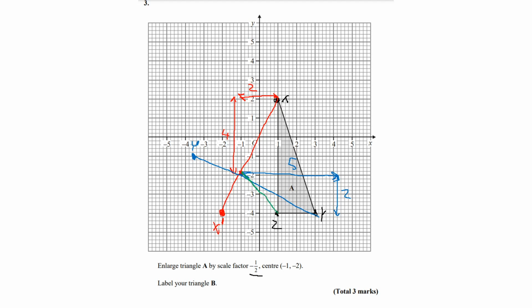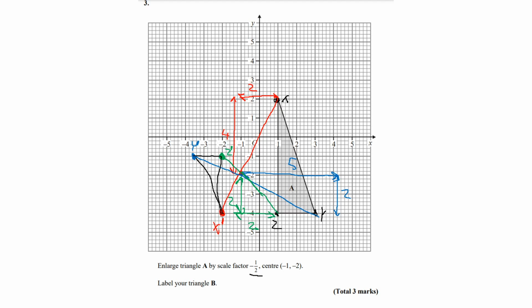And as you can see, what we're doing is we're going 2 across and 2 up, okay? So therefore we need to go 1 across and 1 up. And we'll label this Z prime. Now let's connect the dots together.